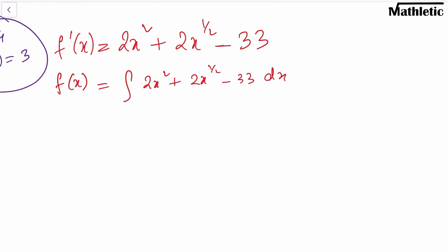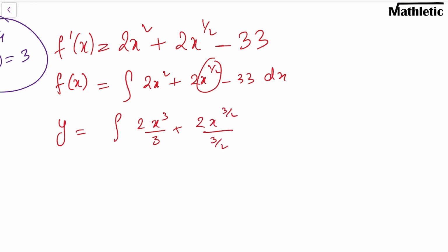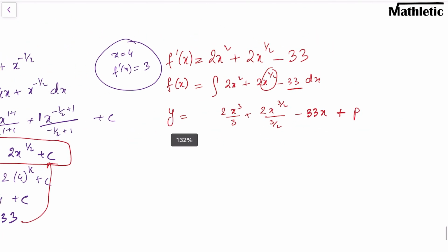So f of x is what? f of x is the main equation, which is y, right? And at the right side you get 2x cube divided by 3. Then this one is half. Half plus 1 is 3 by 2. So x to the power 3 by 2 divided by 3 by 2, minus 33x plus, instead of c, I will be using a new variable, suppose p, because we have already used the constant c here.